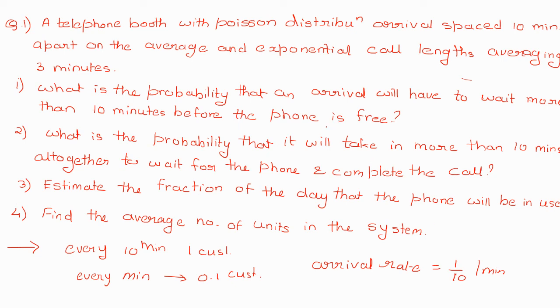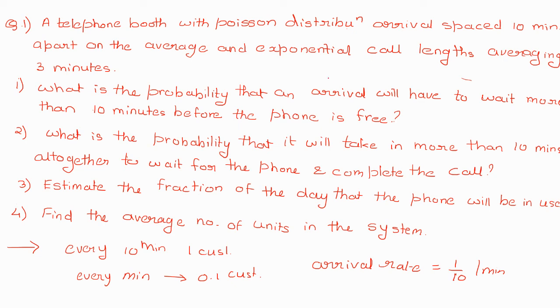Now, what is the service in this? Since it is a telephone booth, the service is making a call. It is also given that the call lengths are exponential. I told you that the exponential and Poisson distributions are referred to vice versa. Exponential call lengths averaging 3 minutes: the call is the service, and call length is the time for each service. So one customer requires 3 minutes to be served.